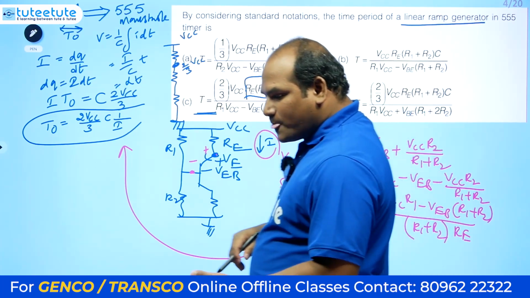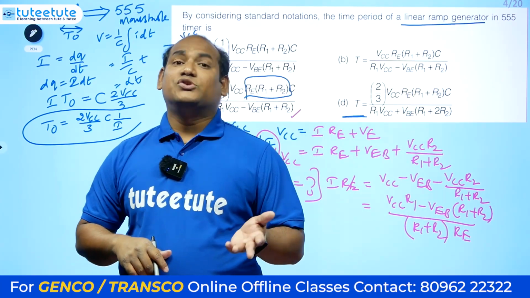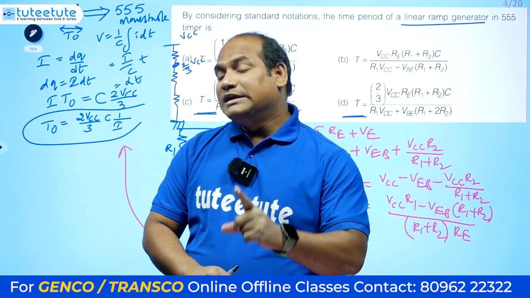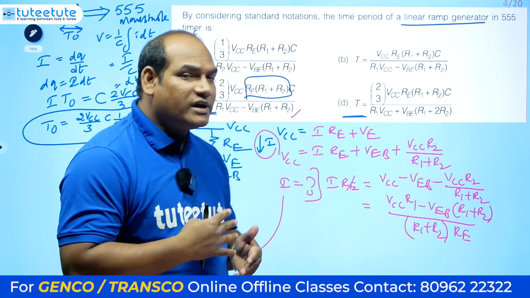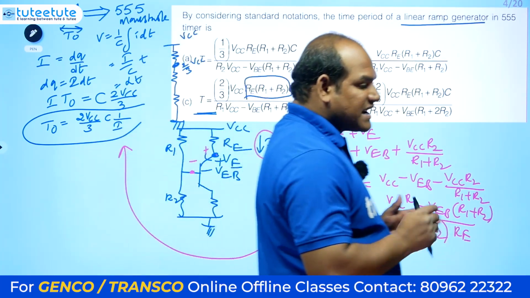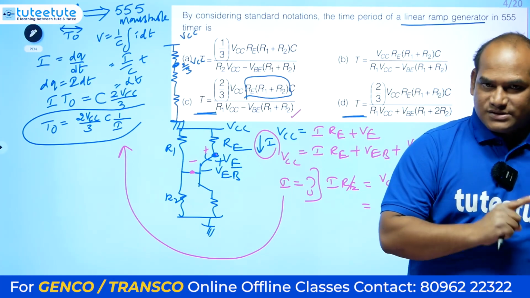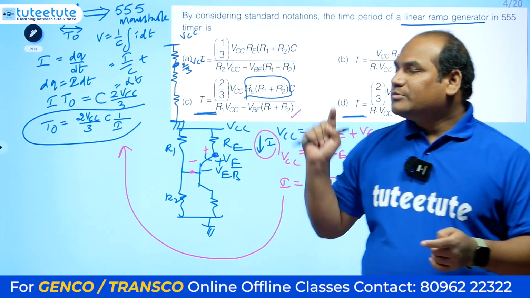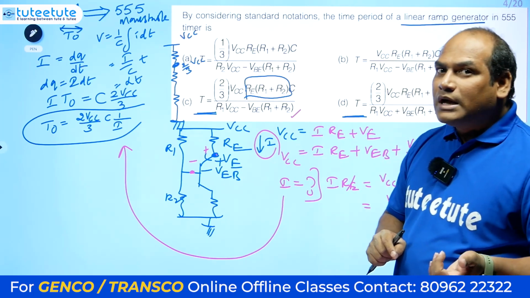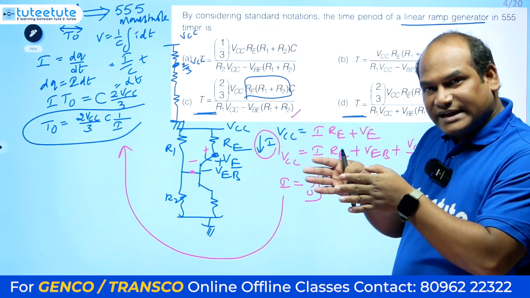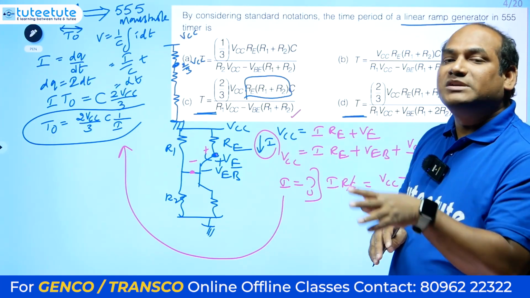So you need to know 2-3 things here. One is you need to know about the IC555. You need to know about this ramp generator, how we can get a ramp generator using the capacitor action. Through the capacitor you need to send constant current, that is one point. And about IC555, you should know that particular quasi-stable state will be available for how much amount of time?